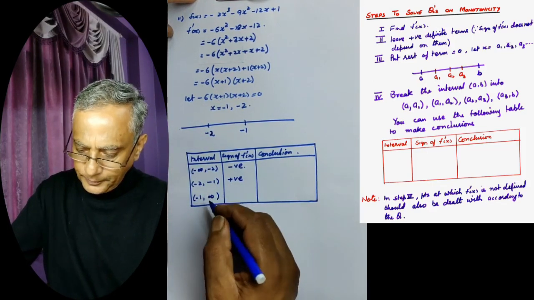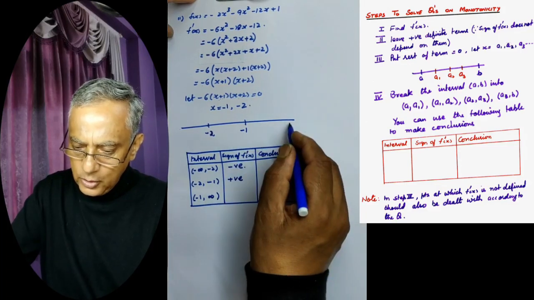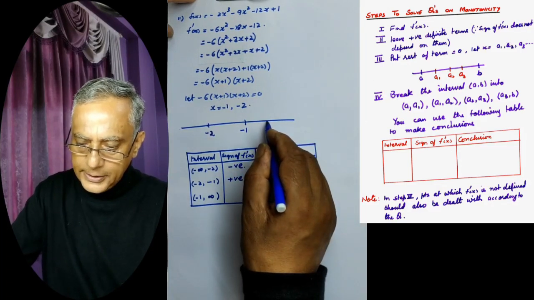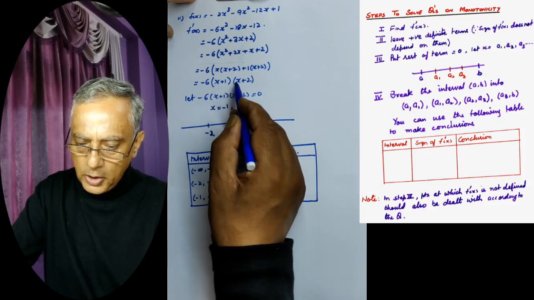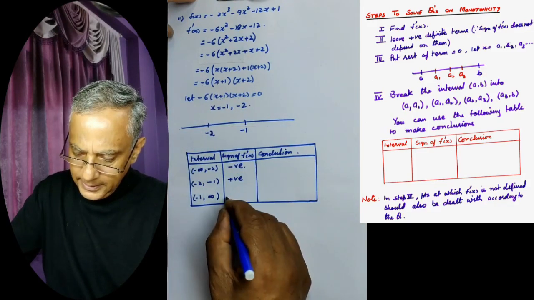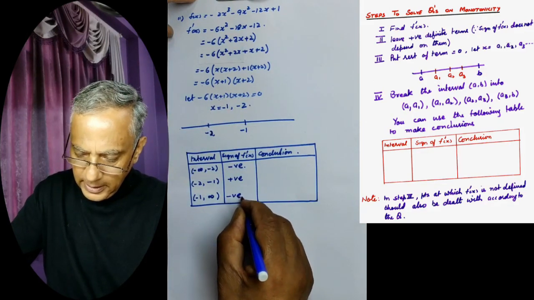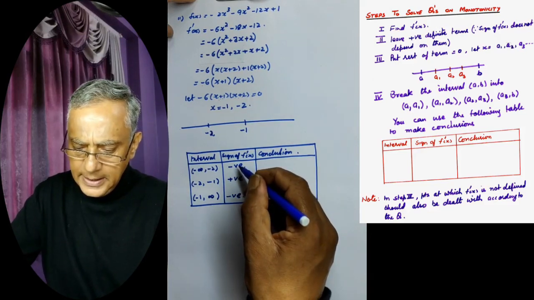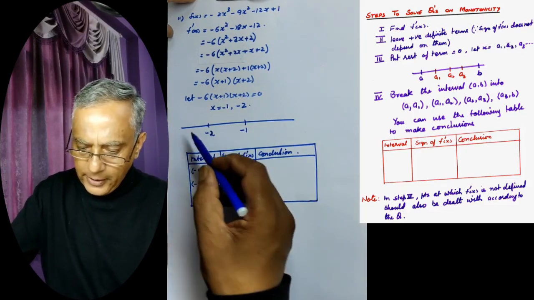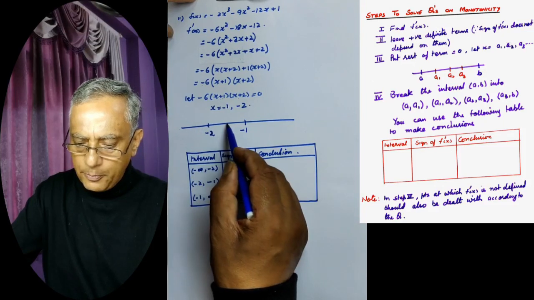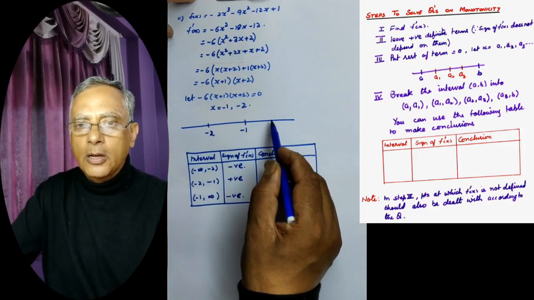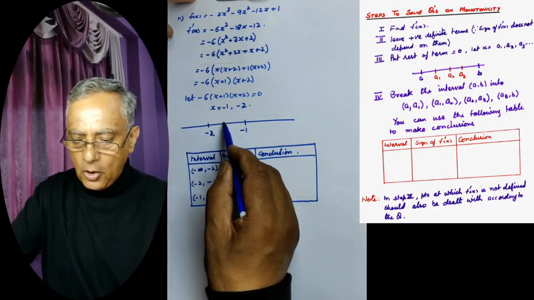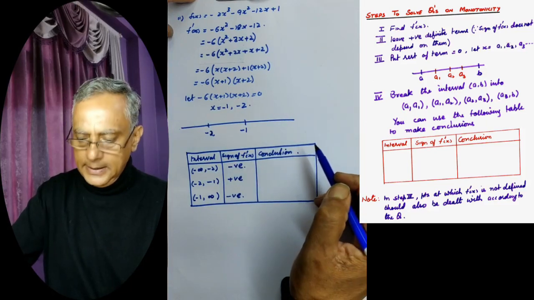And in -1 to infinity, take any point, say 0. So this is positive, this is positive, so with -6 this is negative. For continuous functions, there will be alternate plus and minus signs.